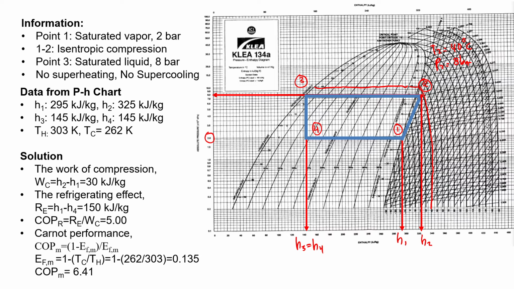Then we can calculate the work of compression. Compression is point 1 to 2. So this is compression. And this one is condensation, if you want to write. This is evaporation. And this step is expansion.